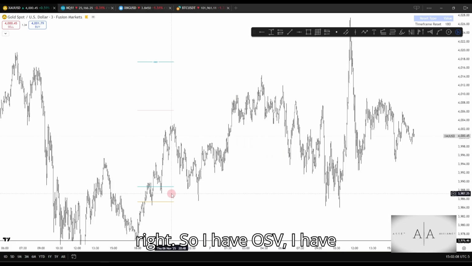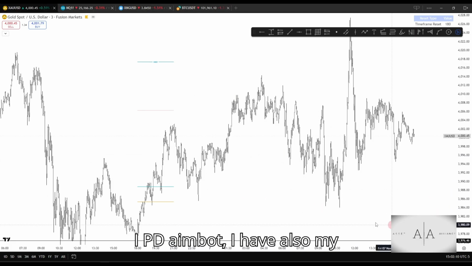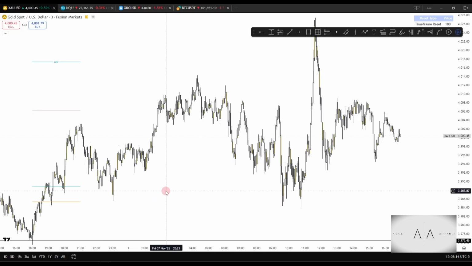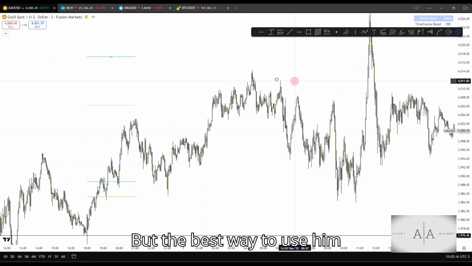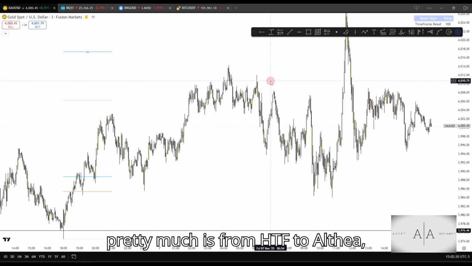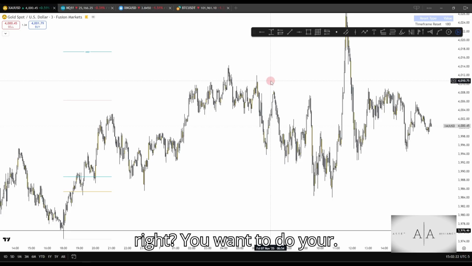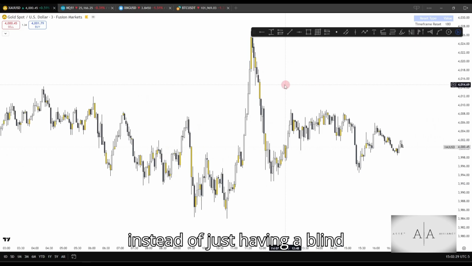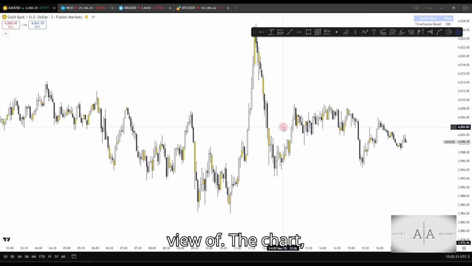So I have OSTDV, I have IPDA Aimbot, I have also my personal trading style, but the best way to use them pretty much is from HTF to LTF, right? You want to do your top-down analysis with the tags instead of just having a blind view of the chart, right?